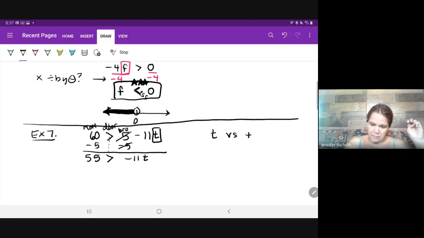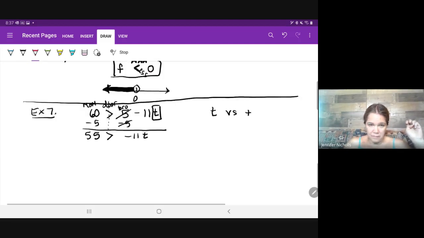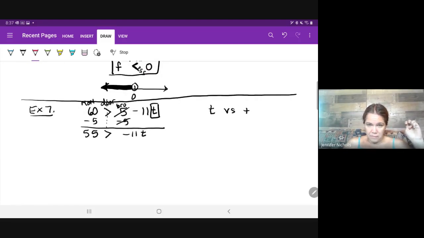Okay, then what? Okay, now, did I divide by a negative? So put some stars so you see it. I did, right? I divided by negative. So you switch the sign. That's negative 55.